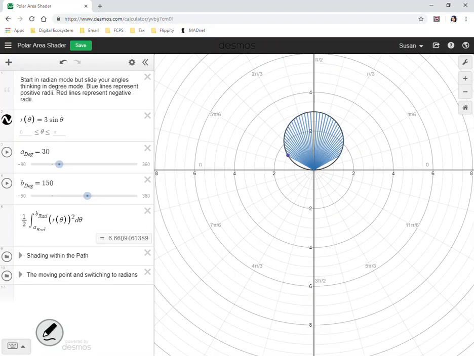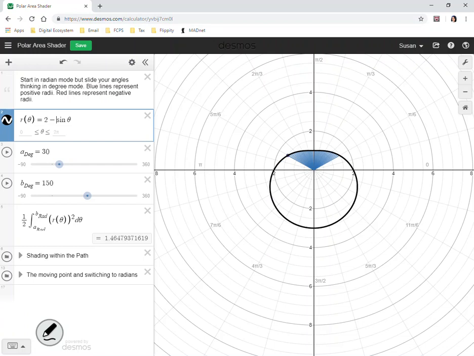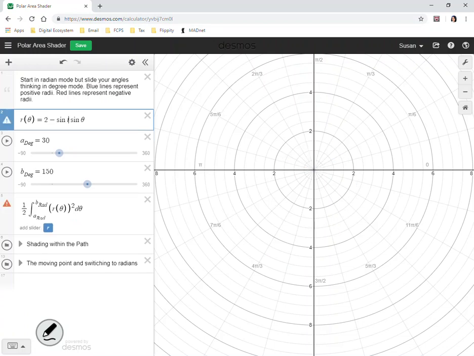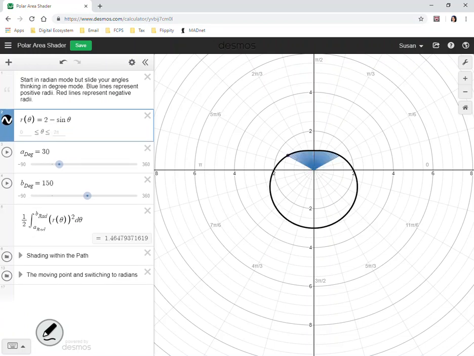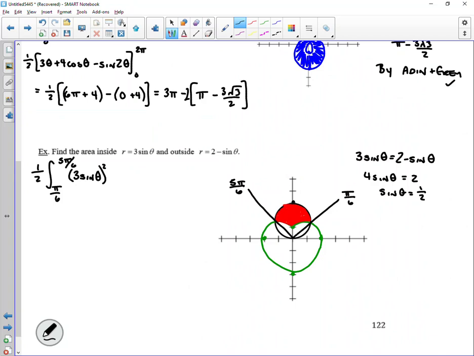And then, what's the other equation, guys? 2 minus sine theta. Then we go same place to same place, that little piece, and we take it away. That's basically subtracting the little piece inside. Are you with me?